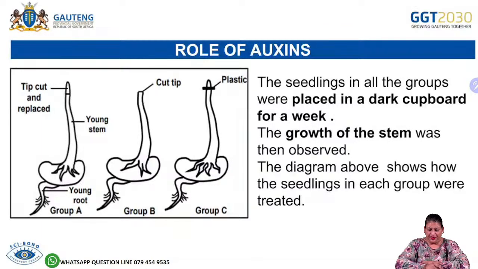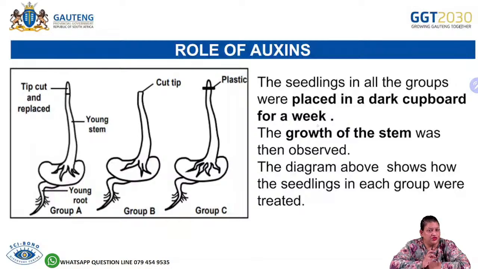Now let's look further. Same diagram. The seedlings in all the groups were placed in a dark cupboard for a week. Now, you've learned earlier that auxins are sensitive to light. Why will we put the seedlings in a dark cupboard?